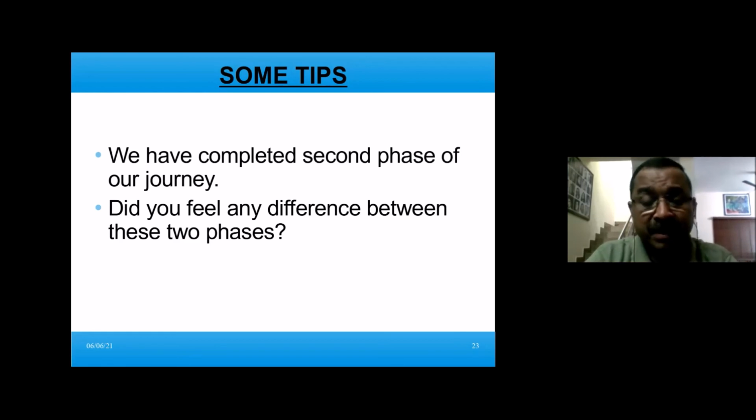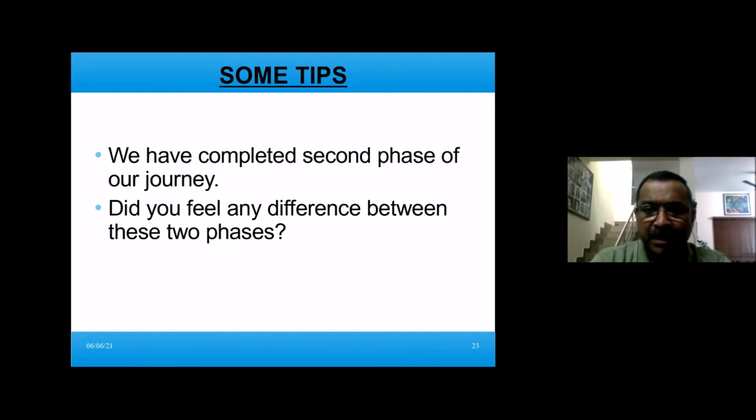And my question is to those who followed me in these 2 modules: did you feel any difference between these 2 phases? This is a yes or no question.